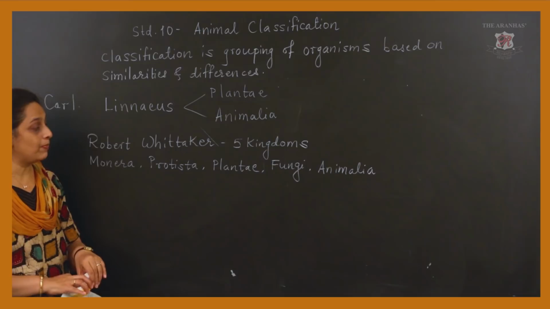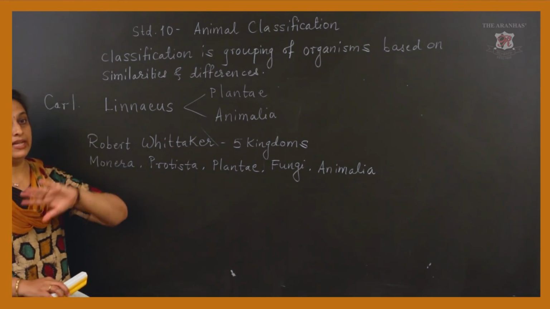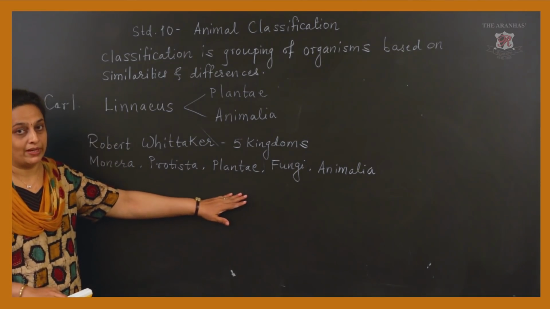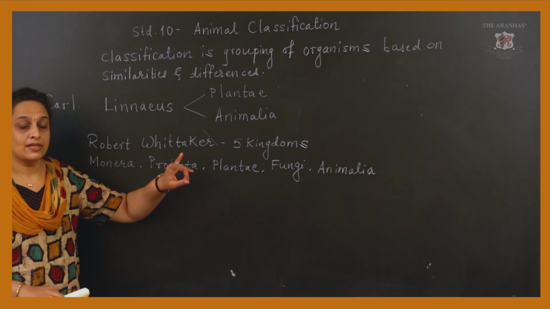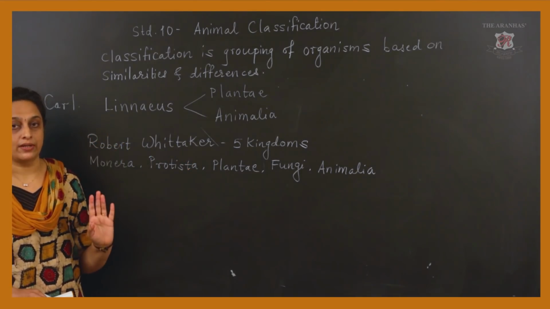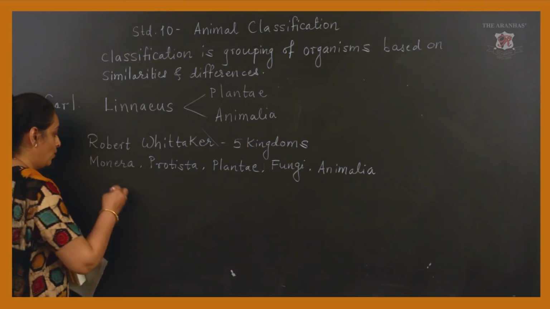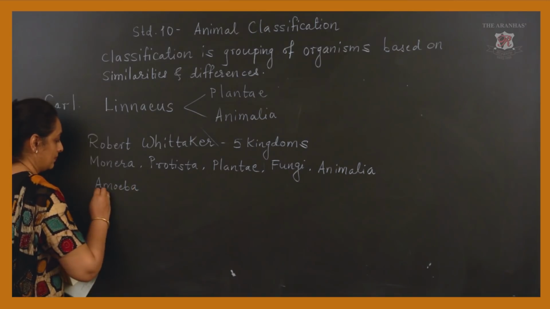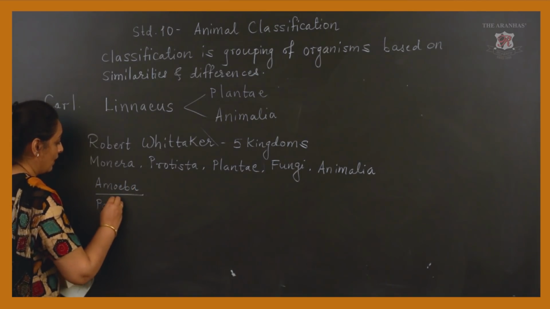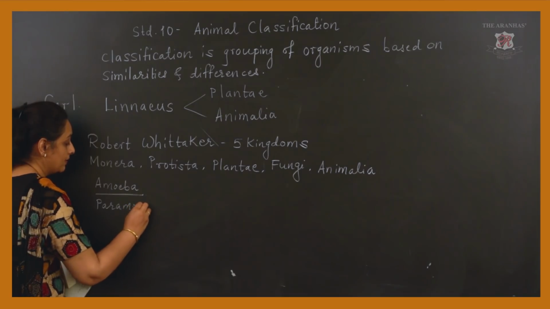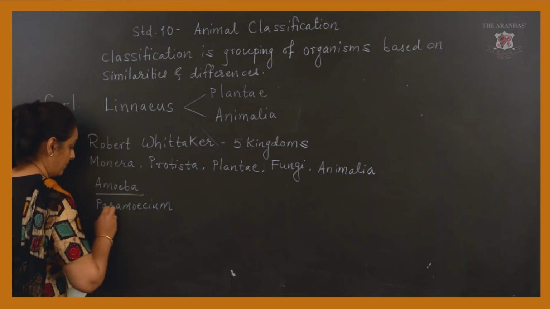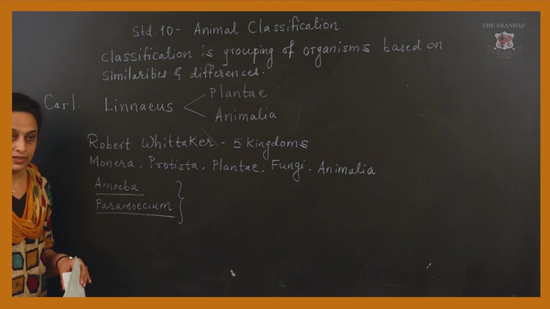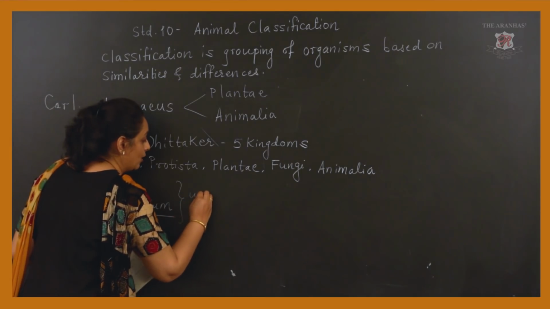Now, as per Whittaker's system, we will be dealing with the further classification. So, students, you have to remember that animals which are unicellular, for example, you are familiar with the name amoeba. You also know one more name, paramecium. Now, these two are animals, but they are unicellular.